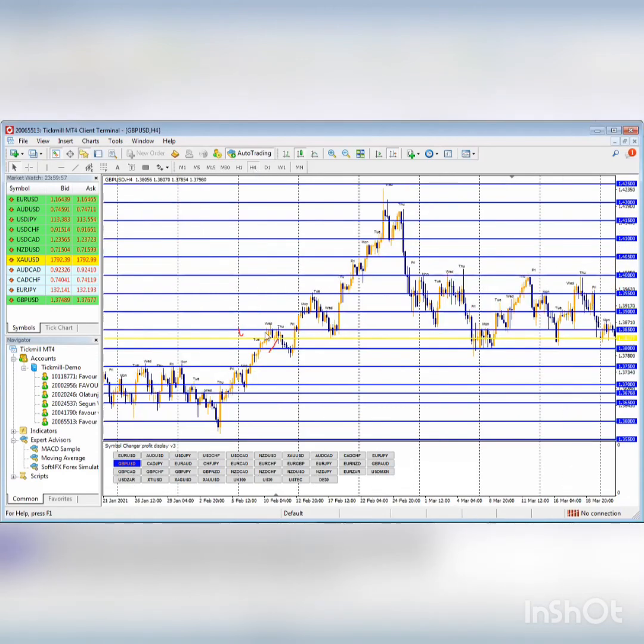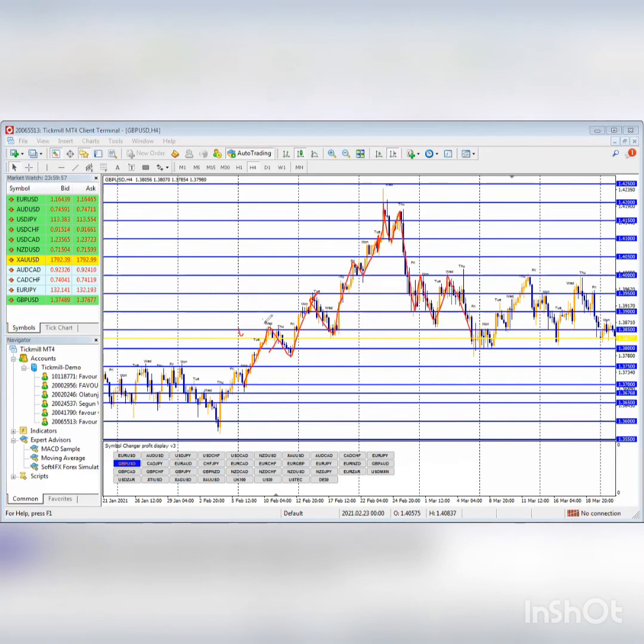Okay, so the market was moving in, let's say, this high, a low, a high, a low, a high, a low, lower high, lower high, lower low, lower high, lower low. Now let me do the drawing so we can understand.